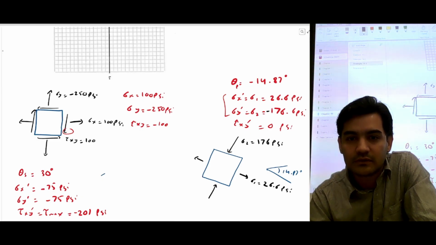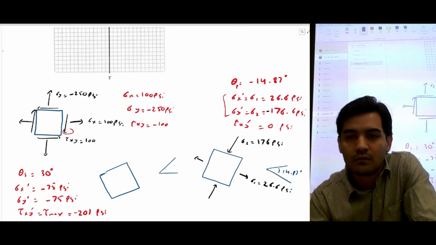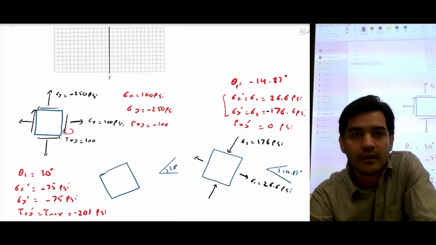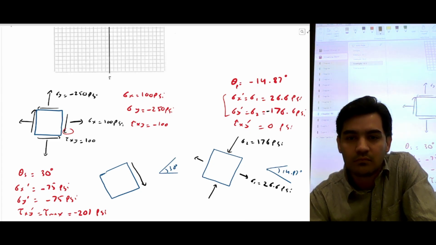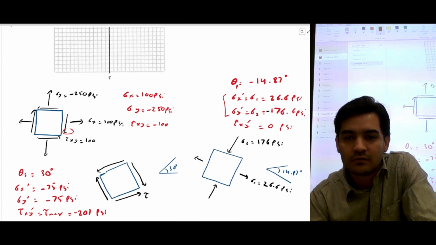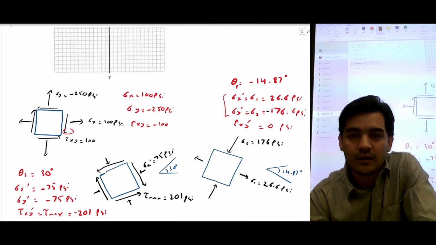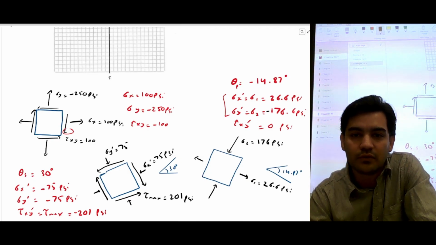It's a 30-degree rotation, and we're going to get the maximum shear stresses as 201 psi. But we'll also have some normal stresses in this case. This normal stress would be equal to 75 psi, and this normal stress would be equal to 75 psi.